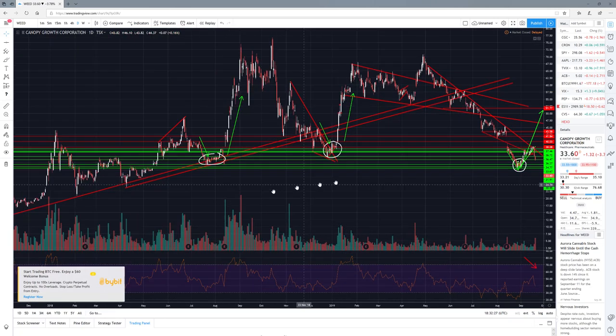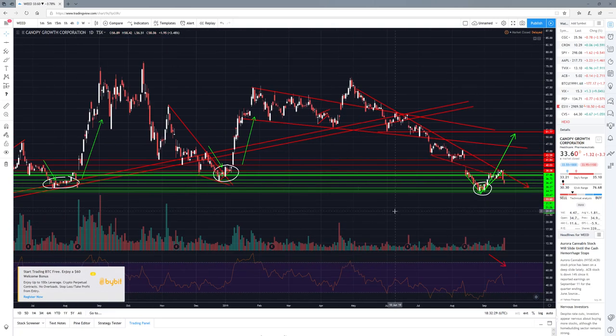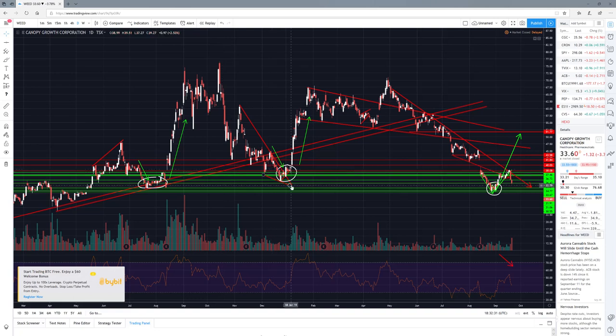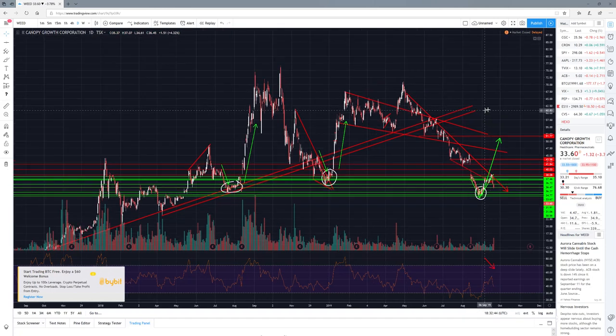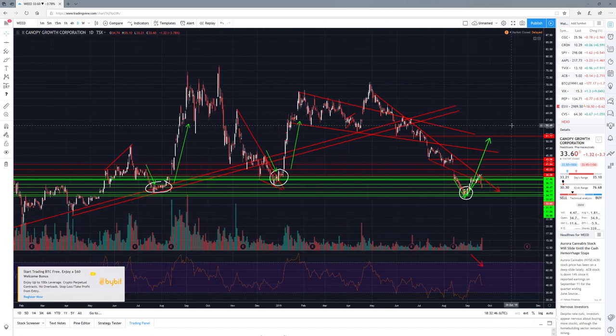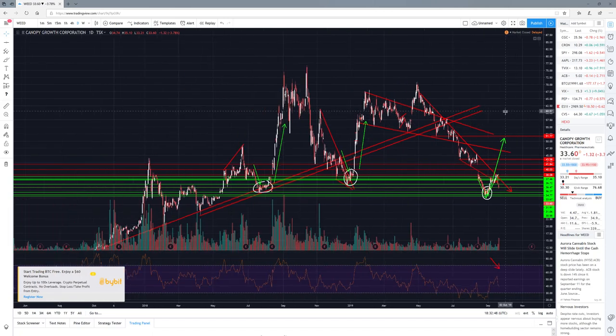So you see it every time it gets to those oversold prices, extreme leg down, bounce. Extreme leg down, bounce. Extreme leg down, bounce. Huge moves too. So this is why I really had to pay attention.